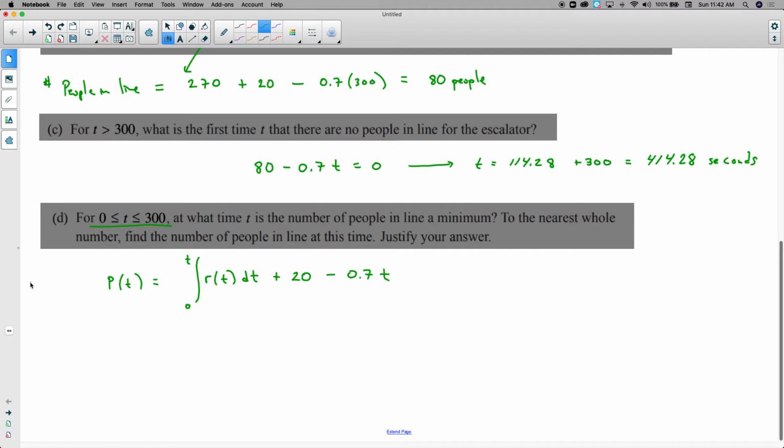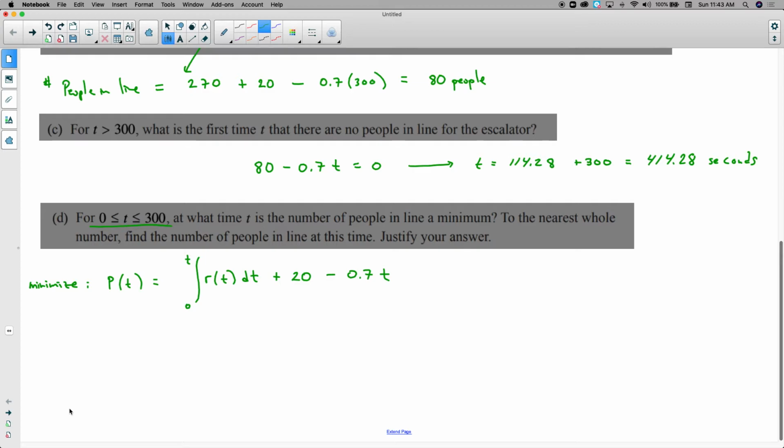So we want to minimize this function. And of course, the way you minimize it is you have to remember differential calculus here, but we take the derivative and then set it equal to 0 to find peaks and valleys. And then that will represent some times where the line either has a critical number of people in line.